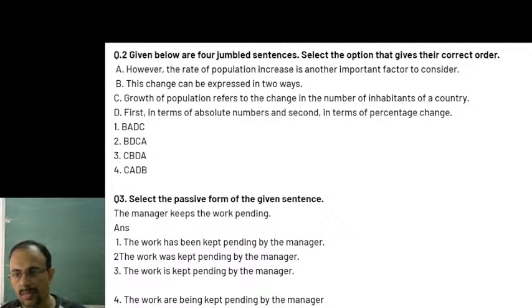Manasvi, Arpita, Madhu, Sahil, Vaishnavi, and Mrudula. What is the answer? Shreya says third. Okay, Shreya says third.